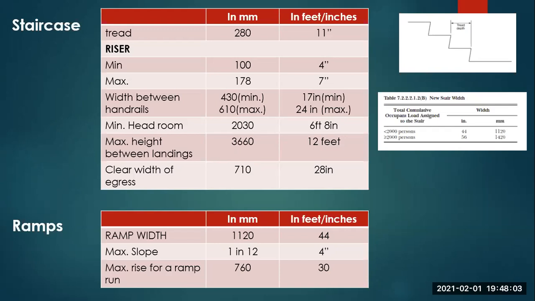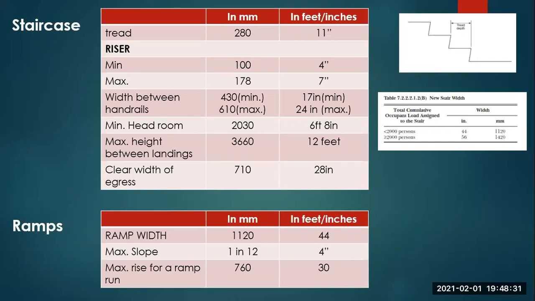The width between handrails, I have given it to you. The maximum height between landings, clear width of egress. These are things that y'all are following basically every time at work also.